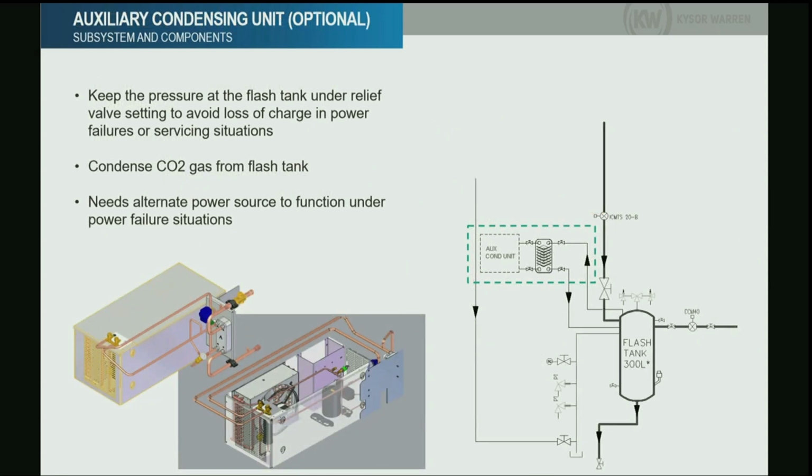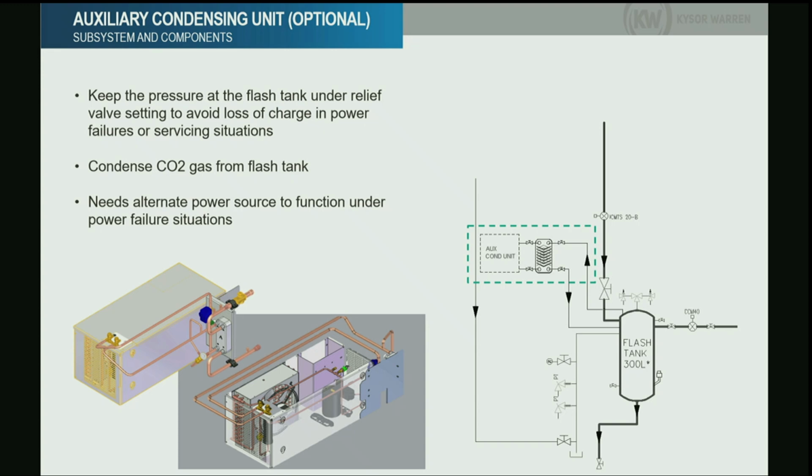This is the auxiliary condensing unit that you were talking about. When you lose power, again, the CO2 gains heat and starts increasing in pressure and temperature. So one of the ways that we have to keep the CO2 inside the system for a longer time is to install these auxiliary condensing units.